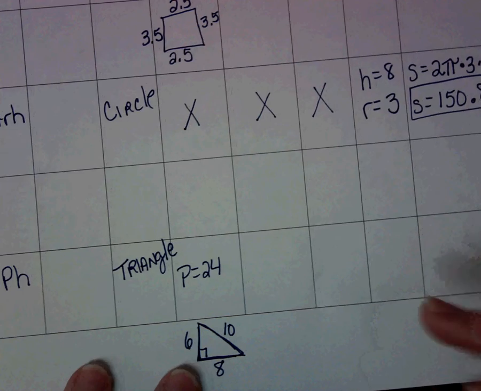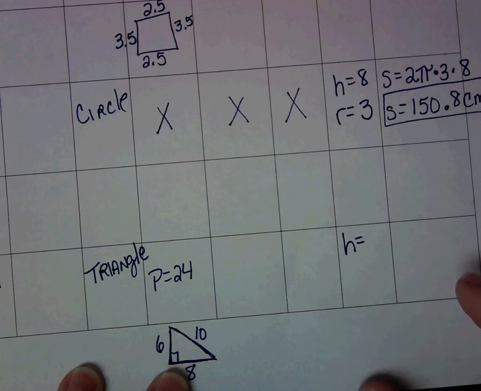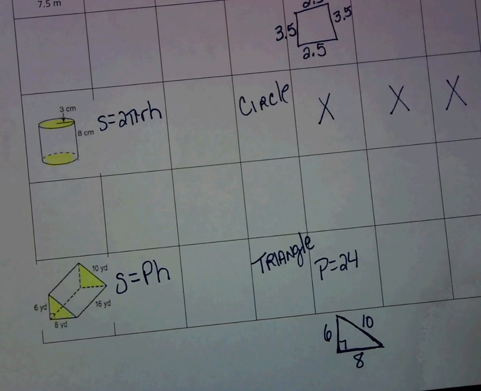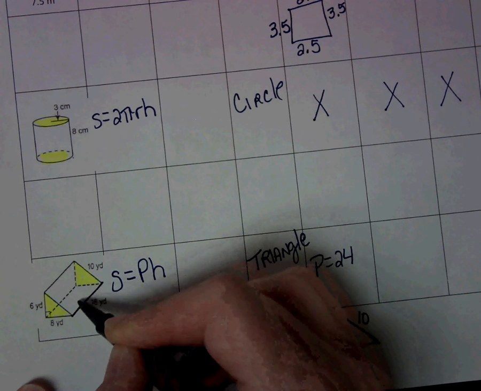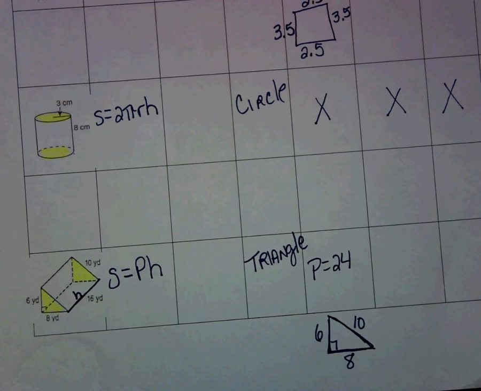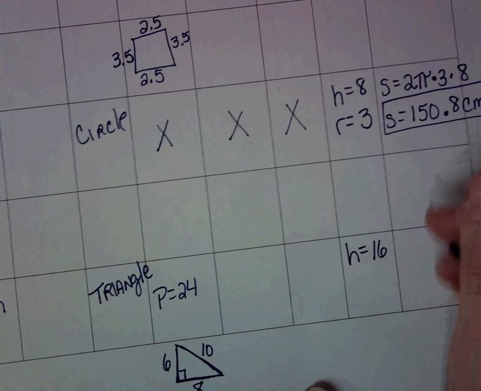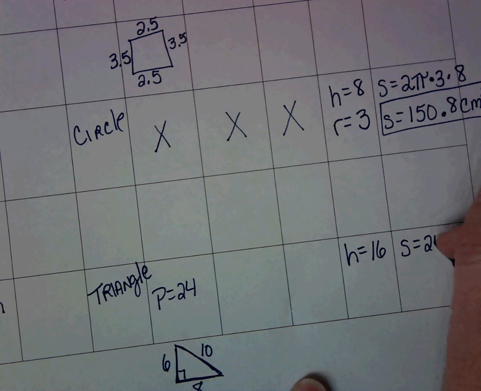The only other thing we need to know for lateral surface area is how to find the height. Remember, height is from base to base. This is the height of our prism, and our height is 16. So to find the lateral surface area, all we have to do is 24 times 16.